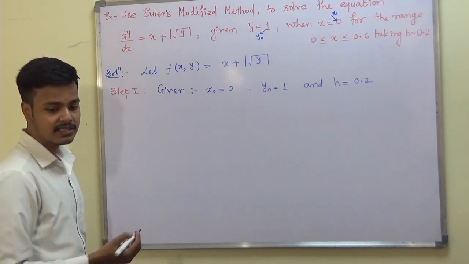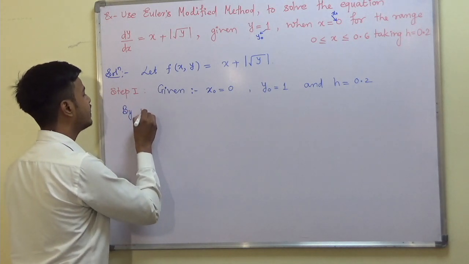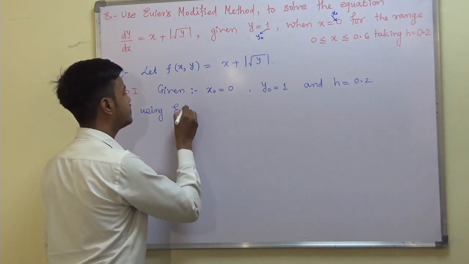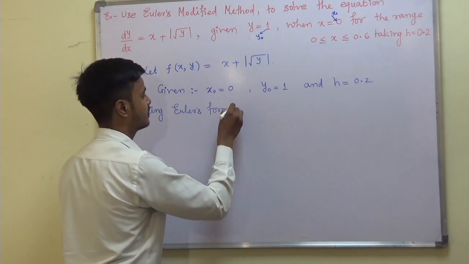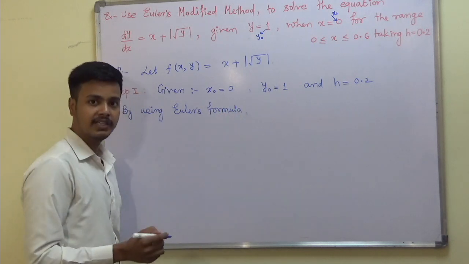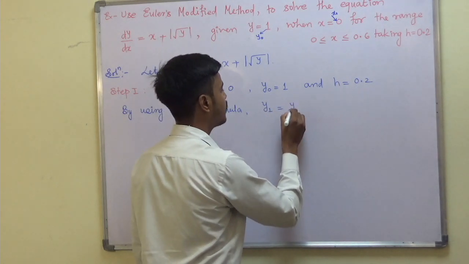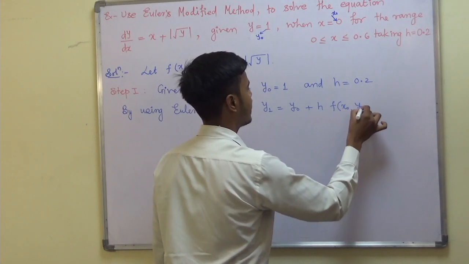So just by using Euler's formula, we have y1 is equal to y0 plus h f of x0 y0.